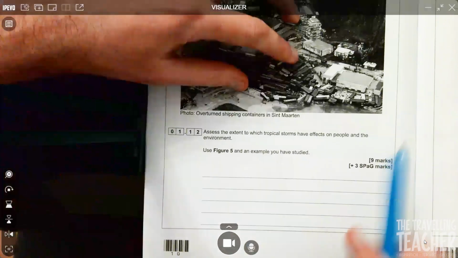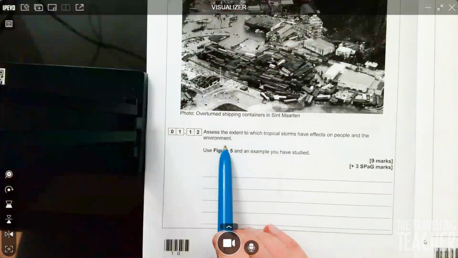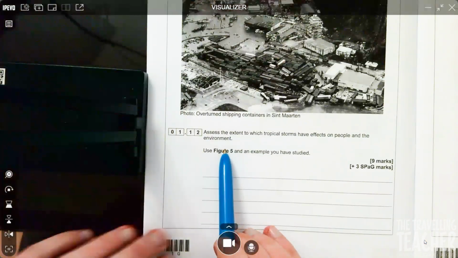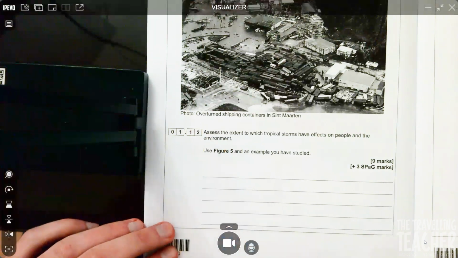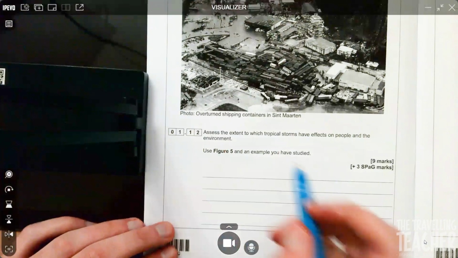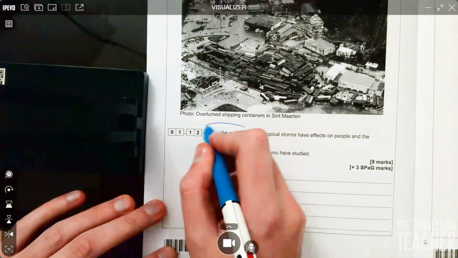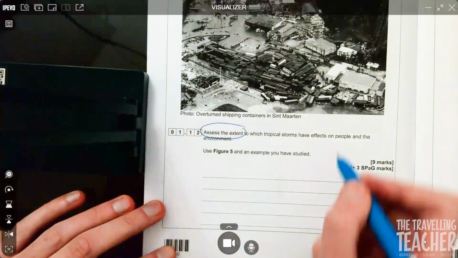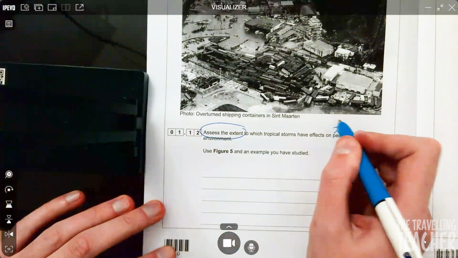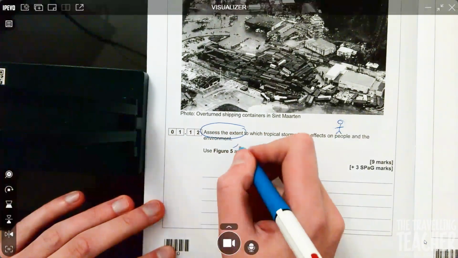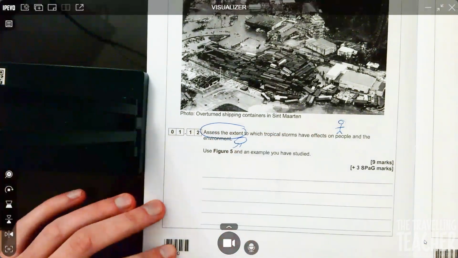So assess the extent to which tropical storms have effects on people and the environment. So let's break that down. So it's assess the extent. Firstly, we're talking about people, and we've got to refer to the environment in this answer.